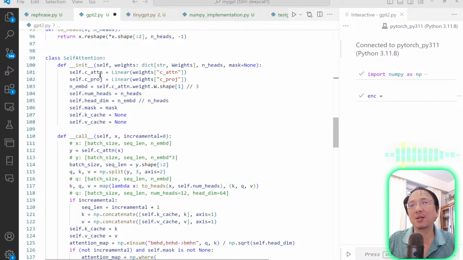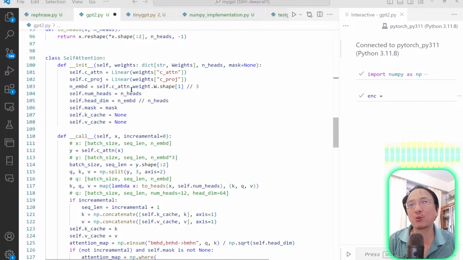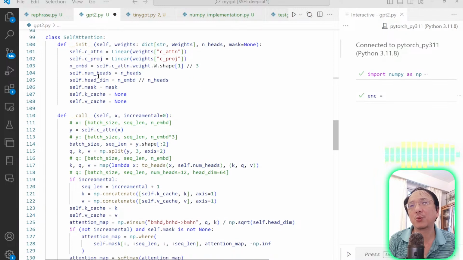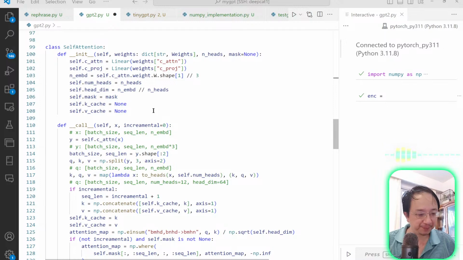So at the beginning we defined the C attention and C projection, and then computed the KQV dimension directly from the weight. Since the weight only does one linear projection, the C attention we loaded in, we can divide it by 3 to get each individual dimension. n head we already got earlier. So we also have the number of heads and the head dimension. And we also have the mask computed so that we know how to do the attention.